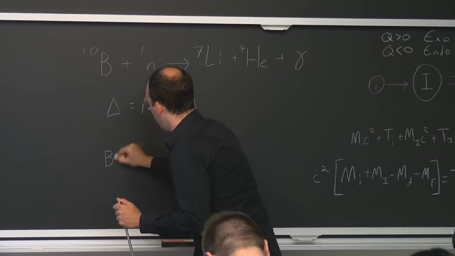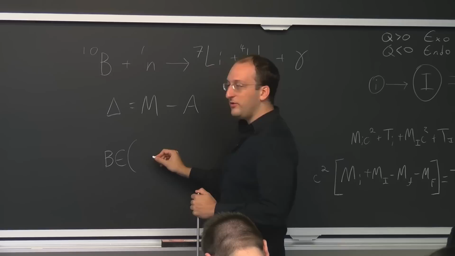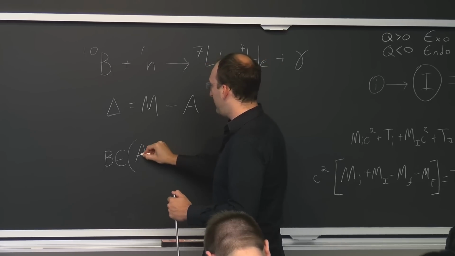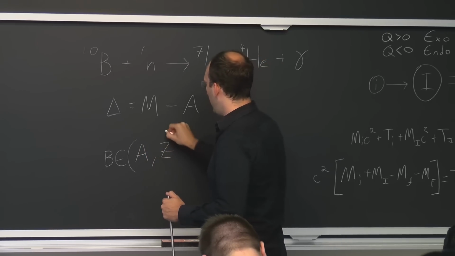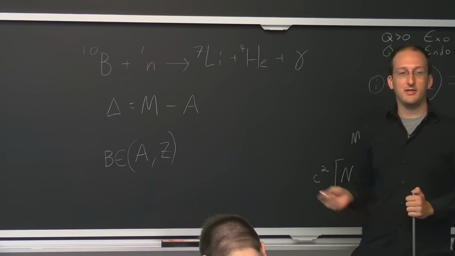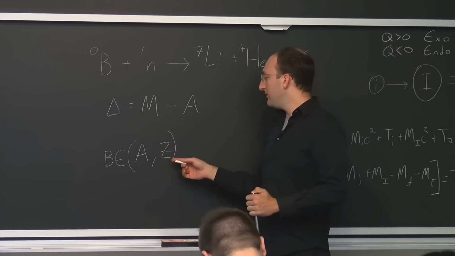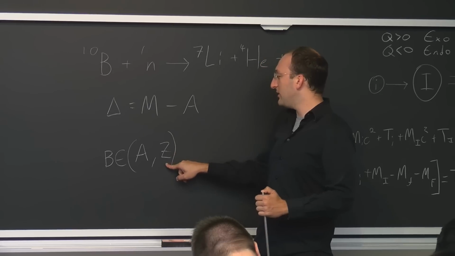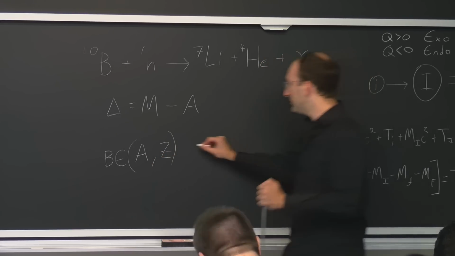And the binding energy, since some of you asked, for a nucleus uniquely defined by its total mass number A and number of protons Z. So let's say this is a functional quantity, because you can have any nucleus with a certain number of protons and a certain number of protons plus neutrons.